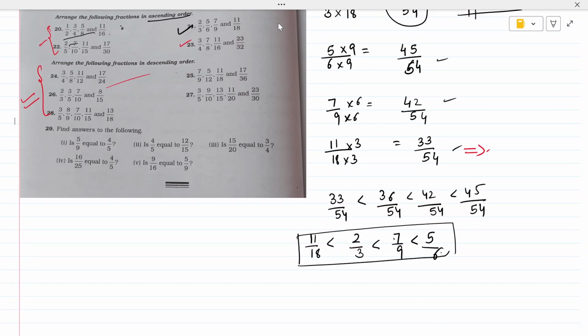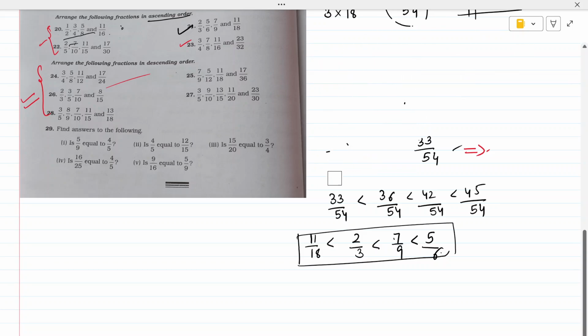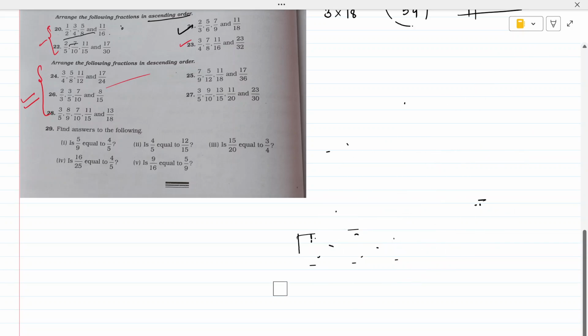Now let me erase this part and let us do the last question of the exercise 29, where we have to find the answers of the following. Okay, let's see. Same thing we have to do, kids. Here we have to compare and see if these are equivalent or not. So first question number 29, I'm doing the first part first.